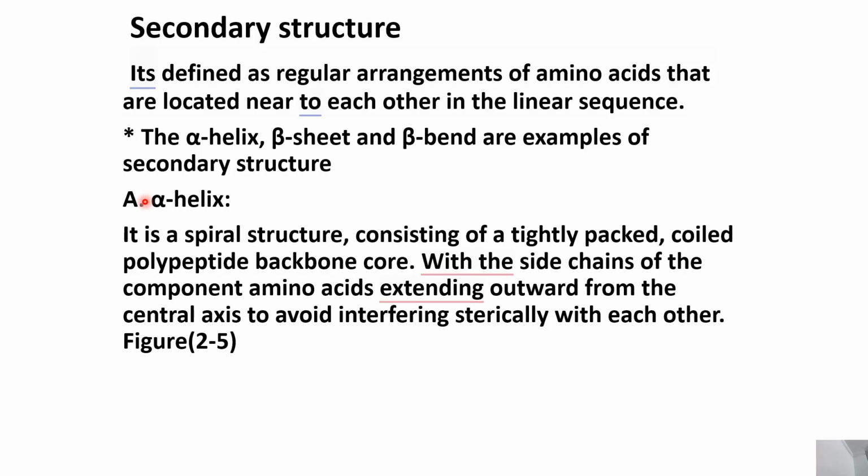Like the alpha helix, which is a spiral structure consisting of a tightly packed, coiled polypeptide backbone core with the side chains of the component amino acids extending outward from the central axis to avoid interfering sterically with each other.